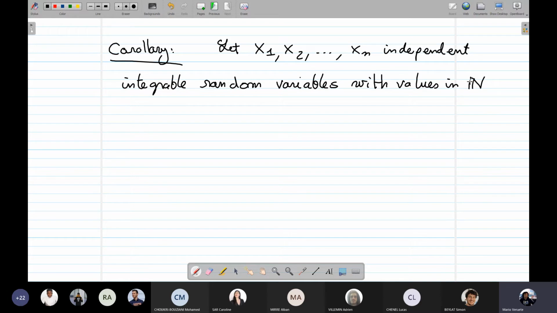Then the variance of the sum of the random variables is simply the sum of each of the variances of the random variables.